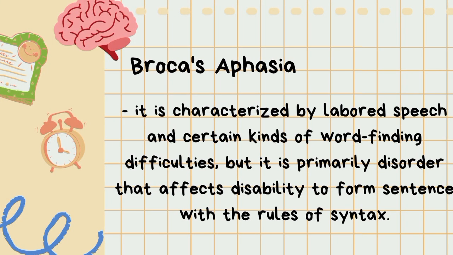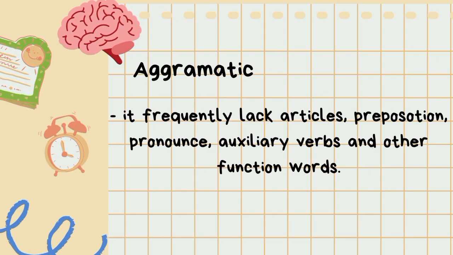One of the most notable characteristics of Broca's aphasia is that the language produced is agrammatic. Agrammatism is a characteristic symptom often associated with Broca's aphasia. It's characterized by a significant impairment in the grammatical structure of speech. Individuals with agrammatism omit grammatical function words, articles, prepositions, conjunctions, auxiliary verbs, and struggle to use correct verb tenses and sentence structure.